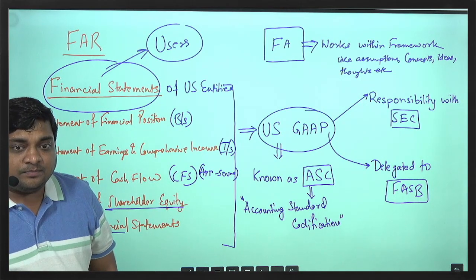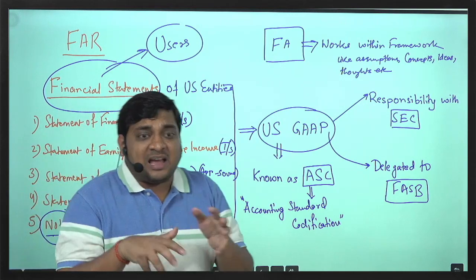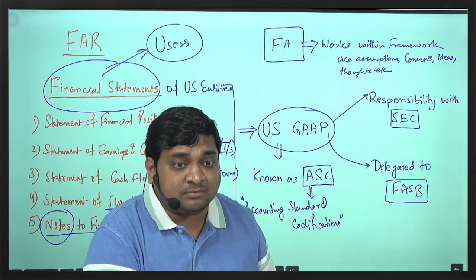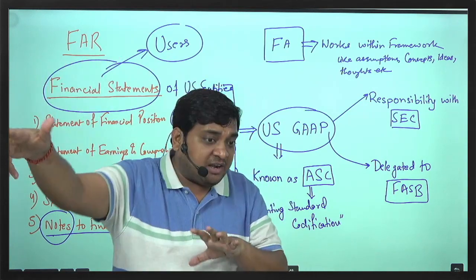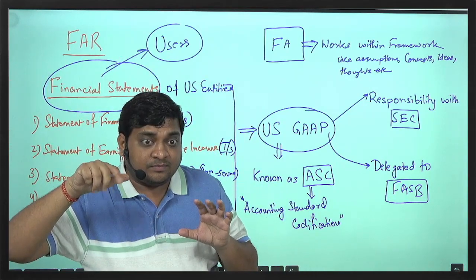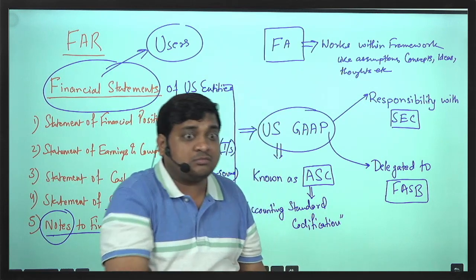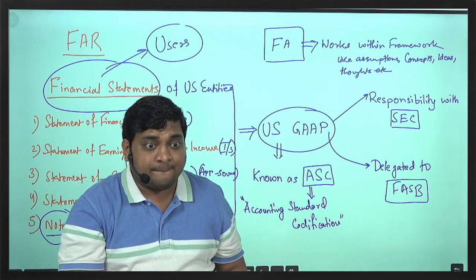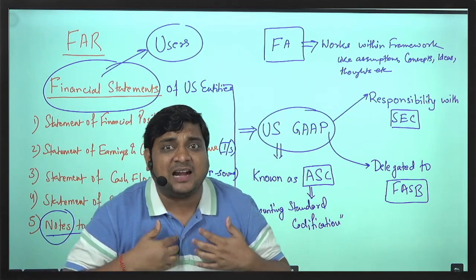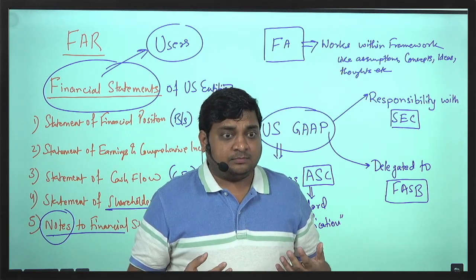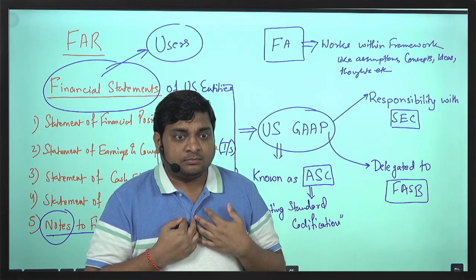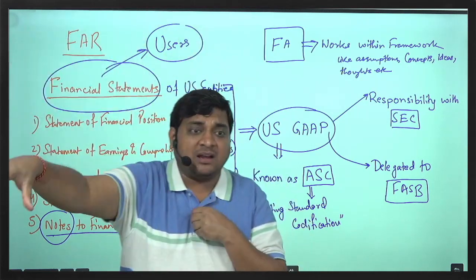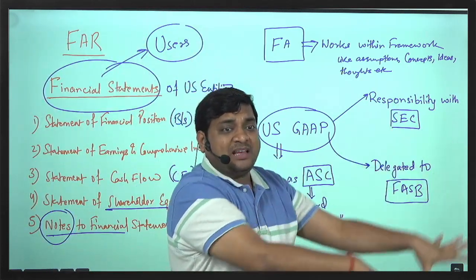Now whenever you are doing financial statement for Indian companies, you follow guidelines of MCA, Ministry of Corporate Affairs. They have delegated it to ICAI. An accounting standard cannot tell follow me. It has to be pronounced by someone. Follow guidelines issued by this person.